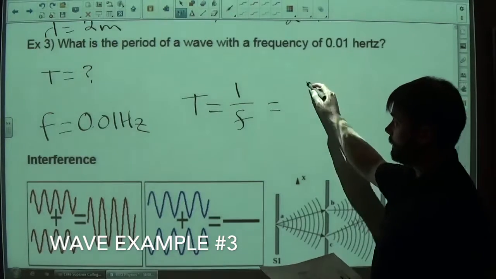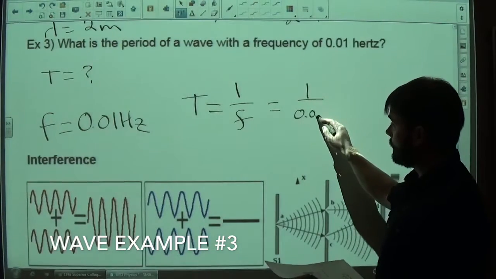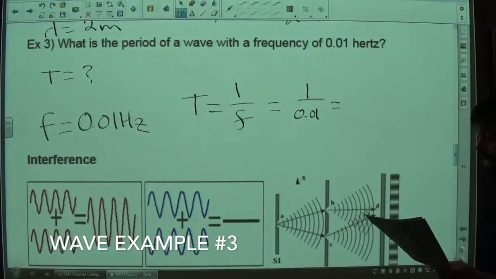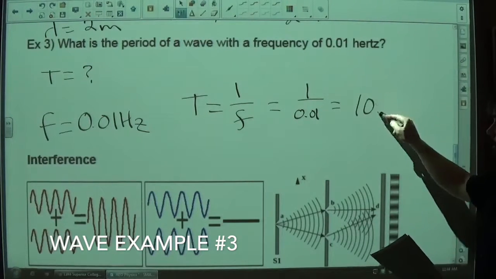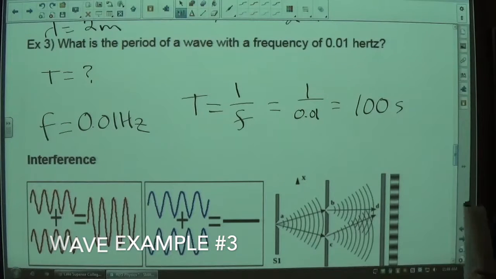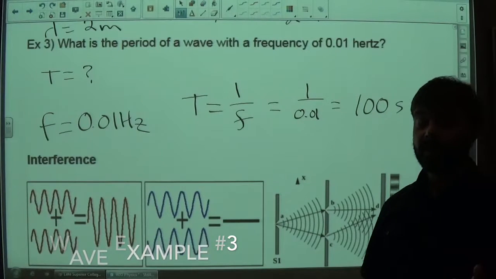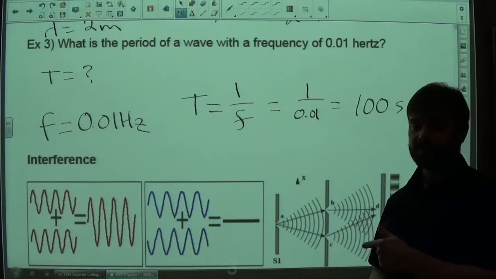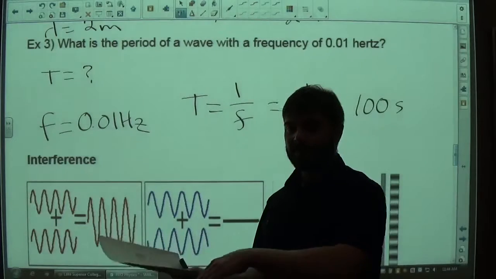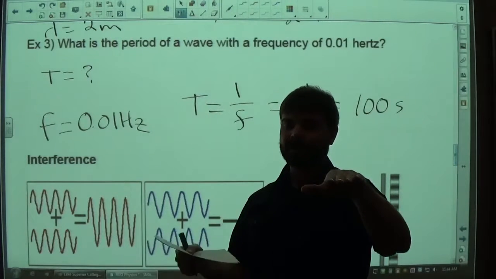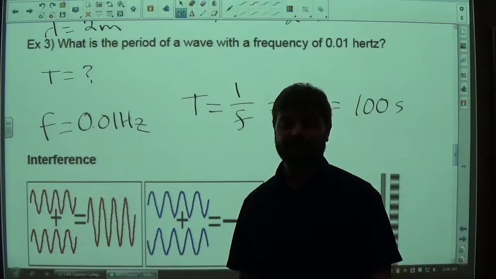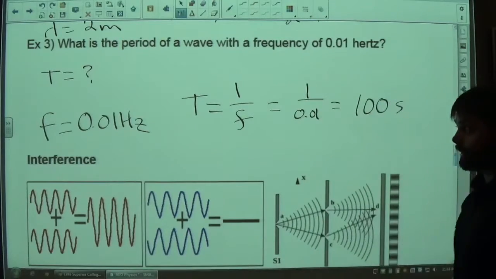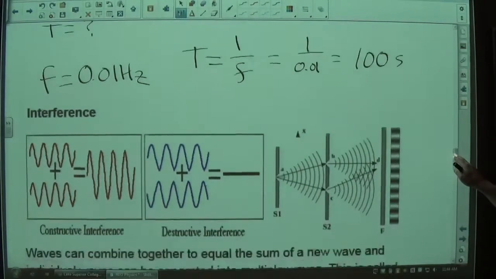So we know that the frequency is 0.01. If you do 1 and you divide it by 0.01, that gives you 100 seconds, which again is a very low frequency. So it would take 100 seconds for this cycle to repeat itself. Even if you could imagine the crest of one wave happening here and then 100 seconds later it crests again, that would be quite a low frequency.